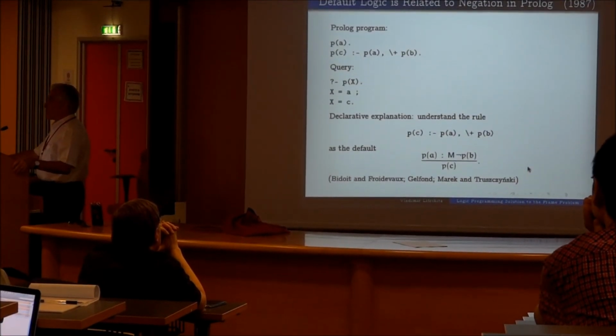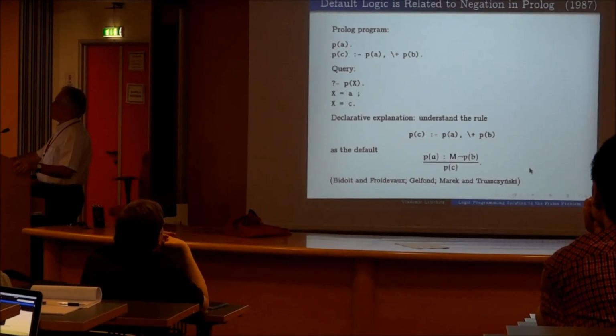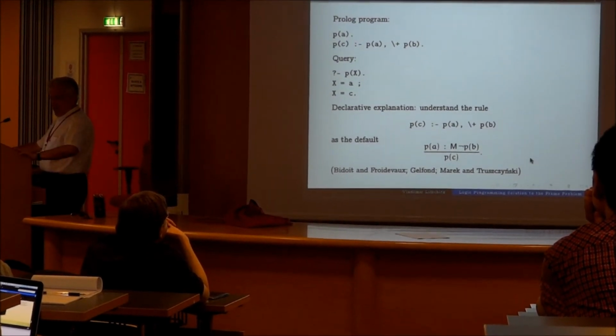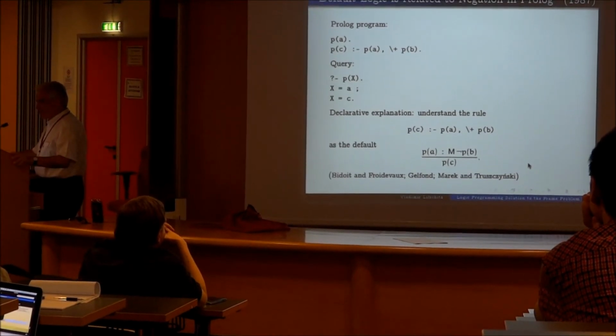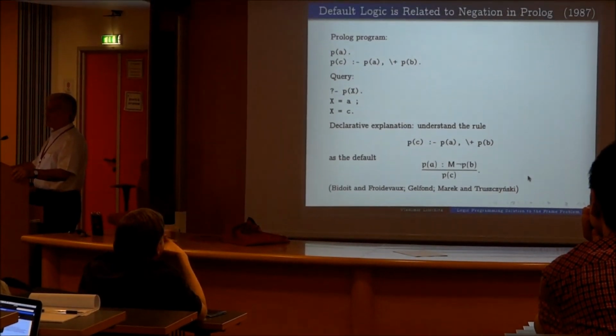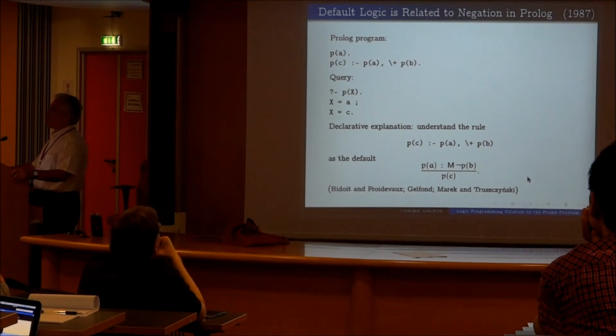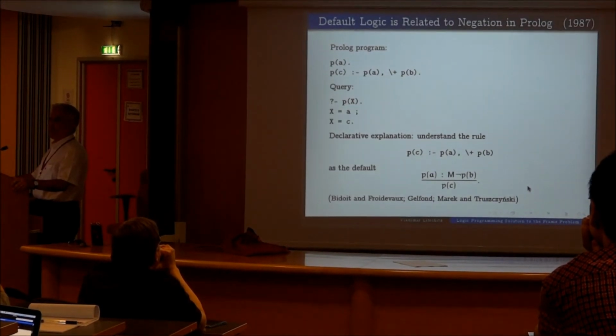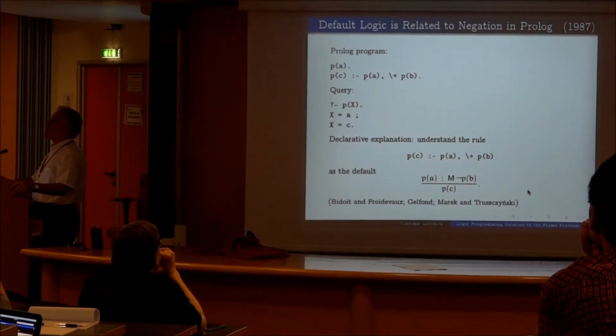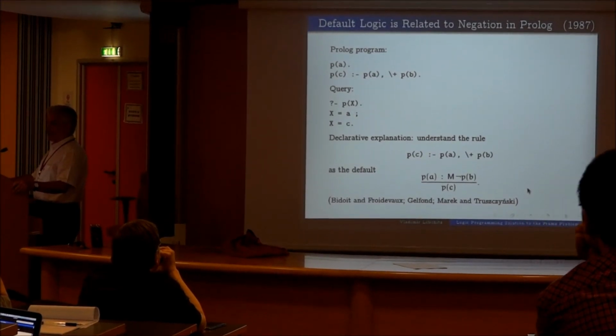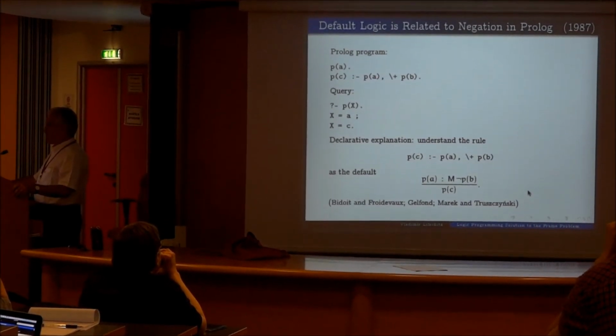I'd like to talk now about some developments. The first of them was related to default logic, but it was not clear at that time that it would be somehow related to resolving difficulties with the frame default.